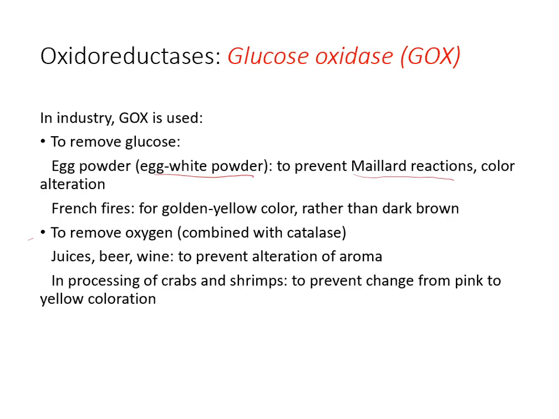Another example is that the color change of crabs and shrimp from pink to yellow is inhibited by dipping them into a glucose oxidase catalyzed solution. So in the food industry, it's mainly used to preserve aroma and color of food products.